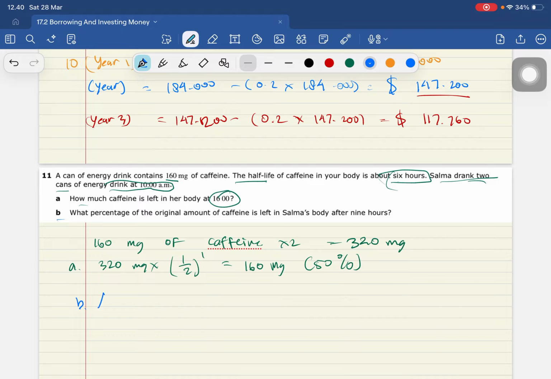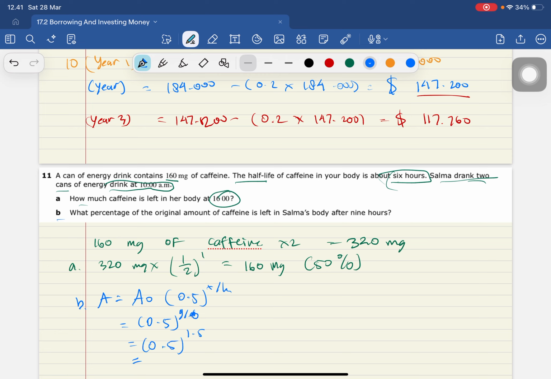Here is the formula A equals A0 times 0.5 to the power of t over h, where h means the half-life. T we have as 9, so it is 0.5 to the power of 9 over 6, or 0.5 to the power of 1.5.